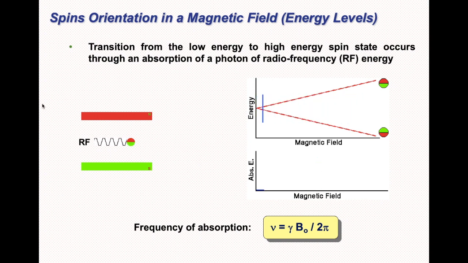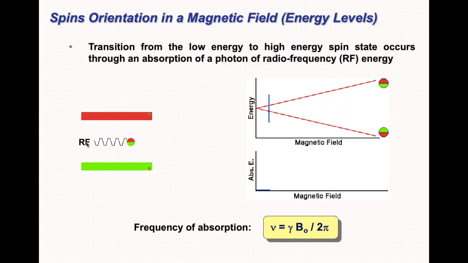You may recall in the classical description, I used the net magnetization concept to explain how the signal is generated. However, here we are going to talk in terms of the alpha spin state and beta spin state, because if you are dealing with a spin-half nucleus, it will have two different states, alpha and beta, and therefore it is appropriate to talk about the alpha and beta spin states.